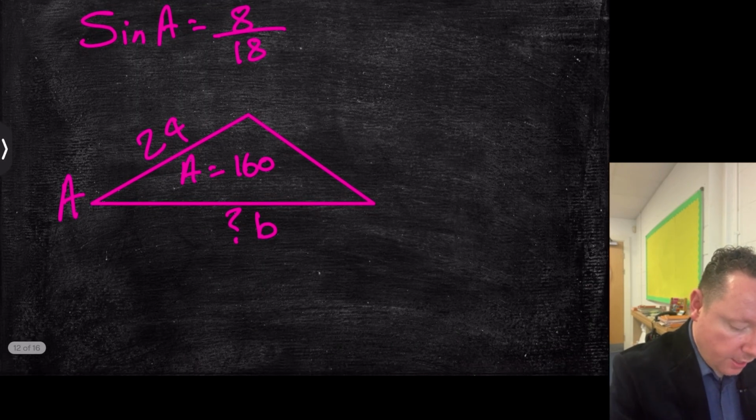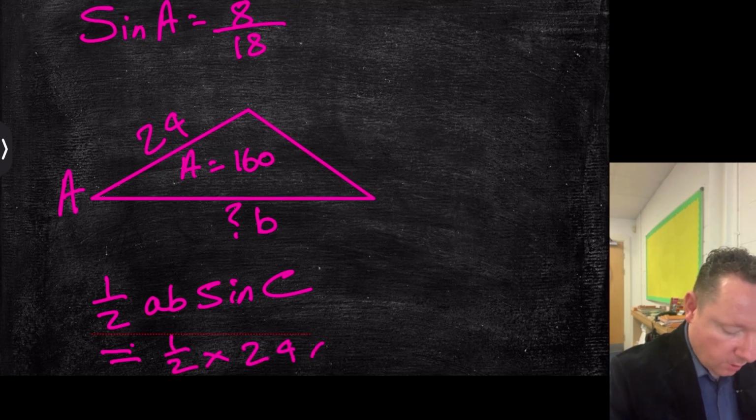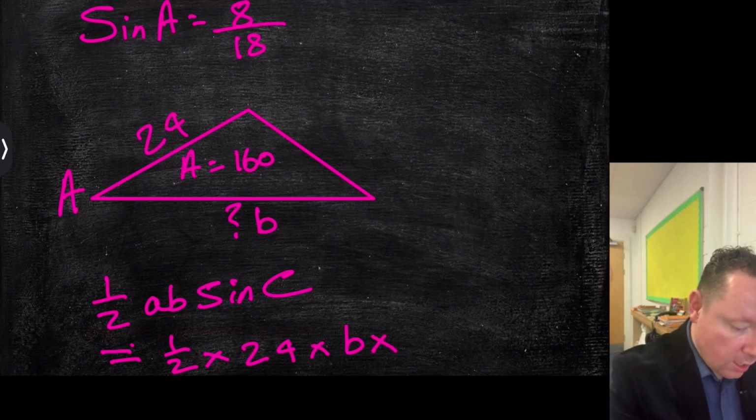So we can just say that a half AB sine C is equal to a half times 24 times some side B times the sine of the angle, which is the correct angle because it is this one, and then I've got these two sides, so that is okay.